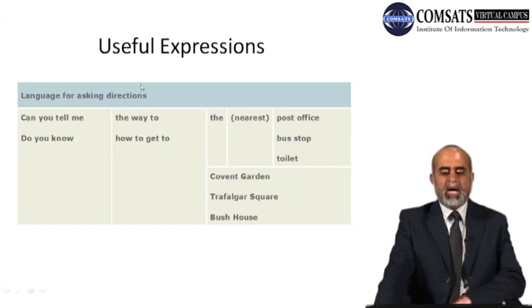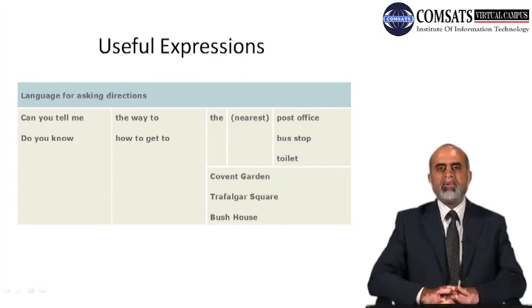Now, I would like you to note down these expressions for asking directions, because they would really be handy when later on I'll ask you to practice dialogues using these expressions. So, how do you ask directions to a place?